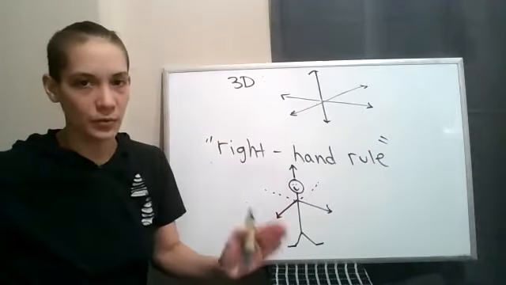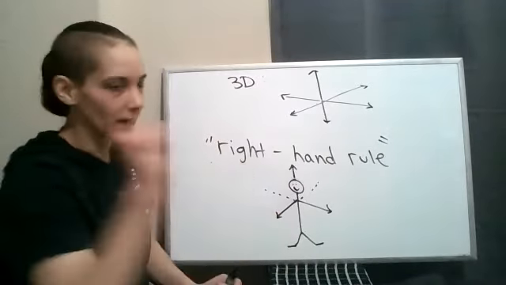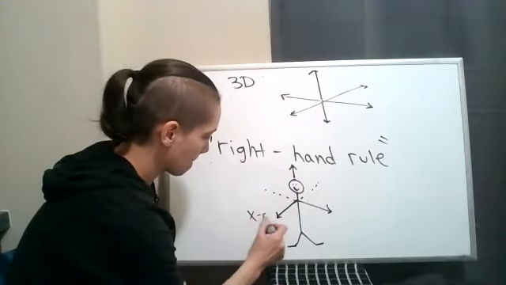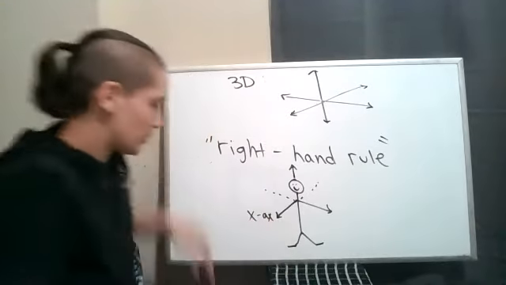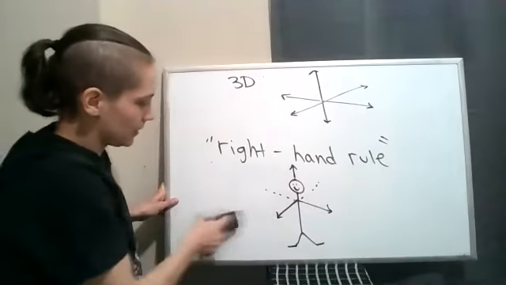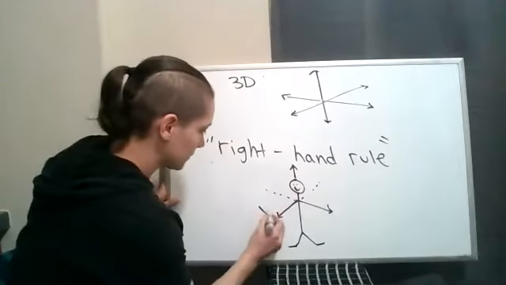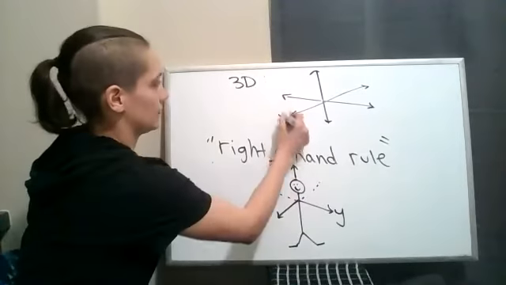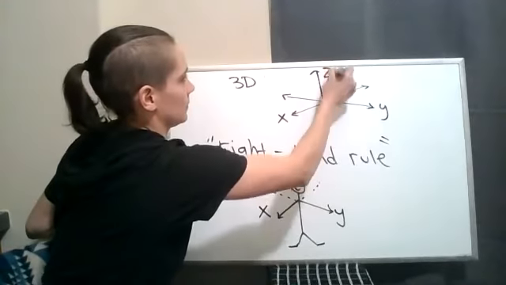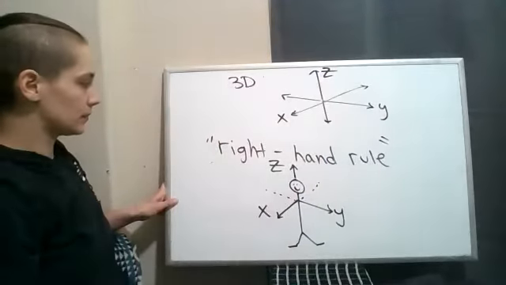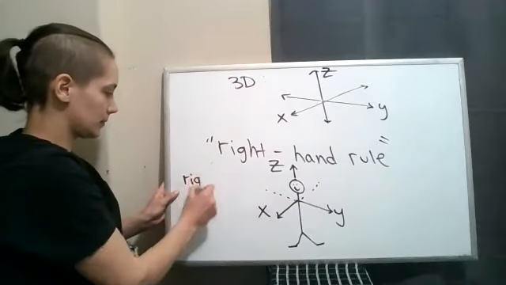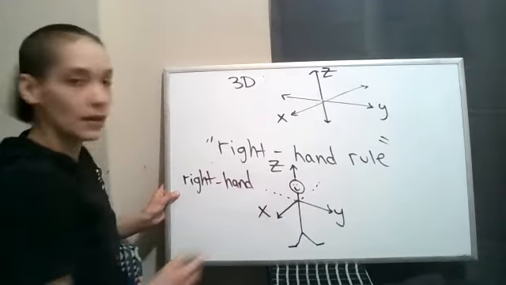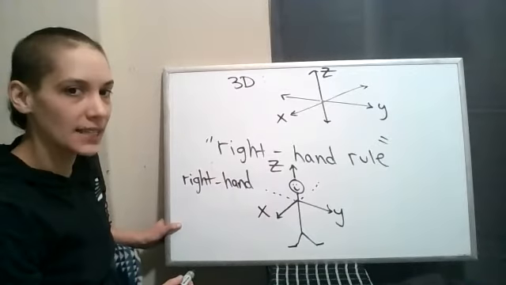Okay, the right hand rule means your right hand points towards the x-axis. Let's put x. Okay, right hand points to x-axis.